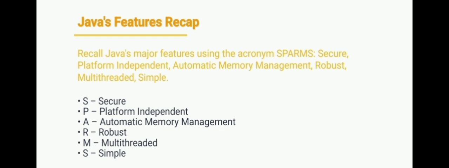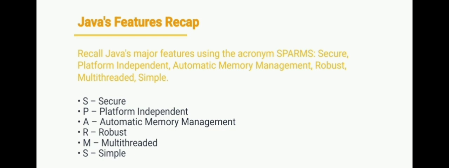Let's recall Java's major features using the acronym SPARMS. The concept is grouping all core features under one word. It helps learners retain the six main pillars of Java. S stands for secure, for the bytecode verifier. P stands for platform independent.